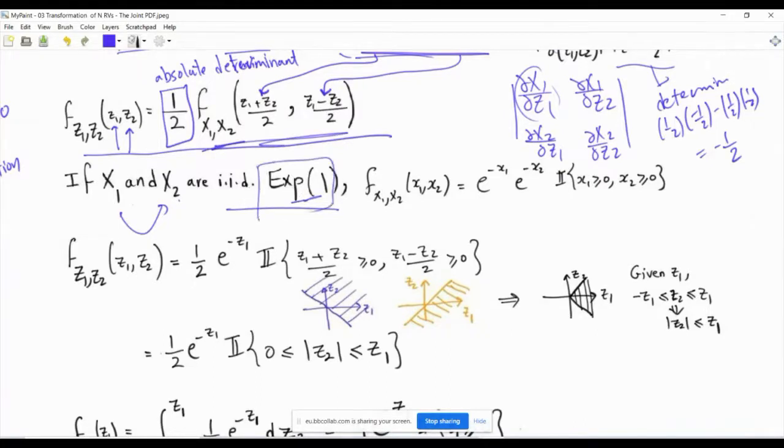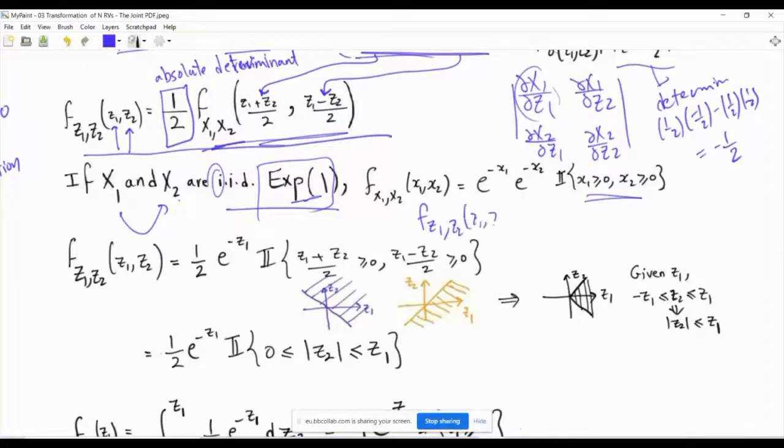Each one is exponential 1, so each has the density e to the minus x1, e to the minus x2, and each random variable is non-negative. And because they are independent, that's the first I, then you can write the joint as the product.